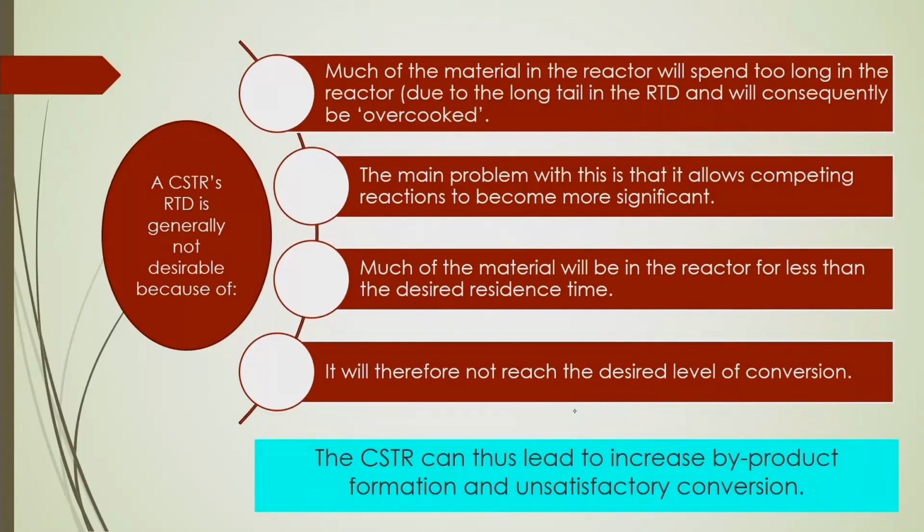And the main problem with this is that it allows competing reactions to become more significant, and also it will not give you the desired level of conversion, and a mass of the material will be in the reactor for less than the desired residence time, because in most cases rapid mixing will give you that in a small scale system.